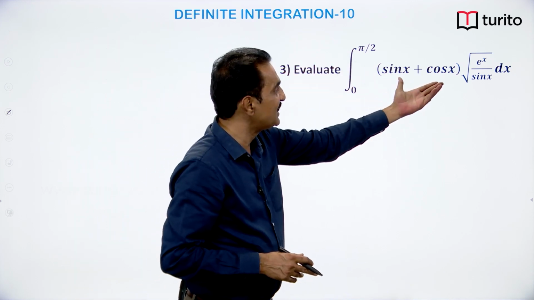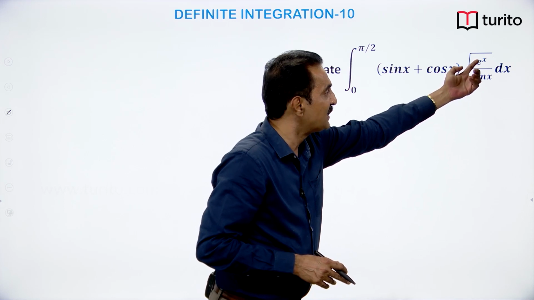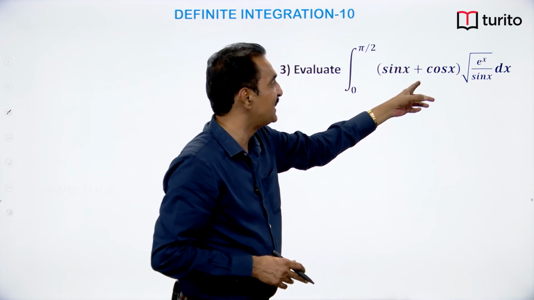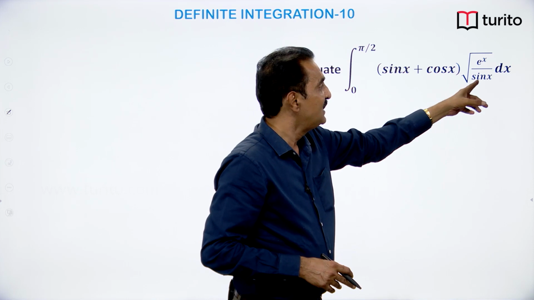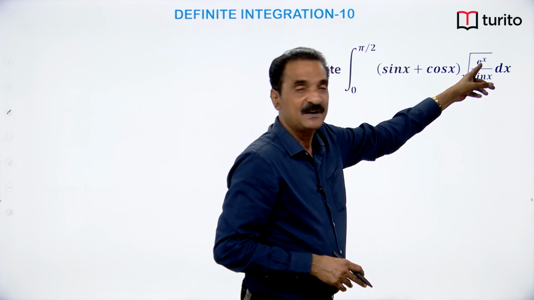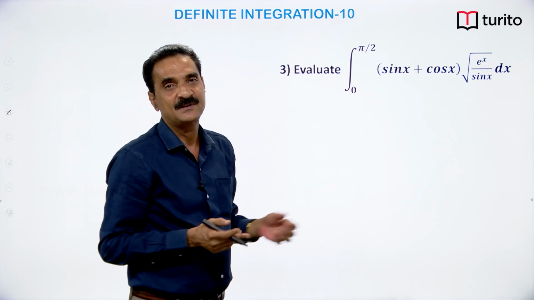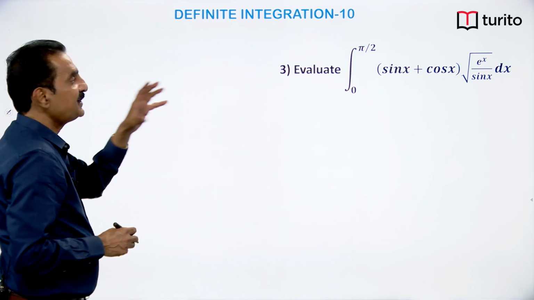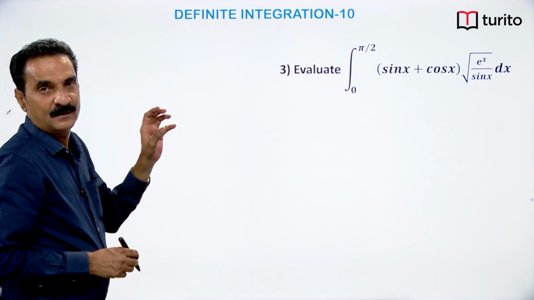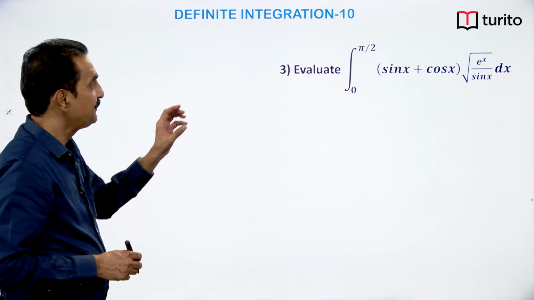Substituting pi by 2 minus x, this remains same, and sin x becomes cos x, this becomes e power pi by 2 minus x, no use, you can't manipulate. So, we have to integrate in the normal method, in indefinite integration method.